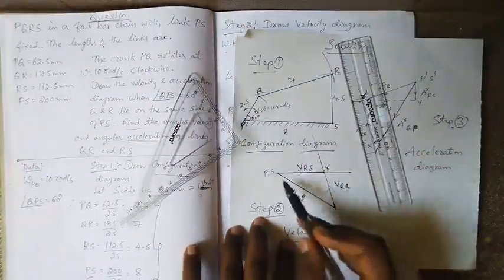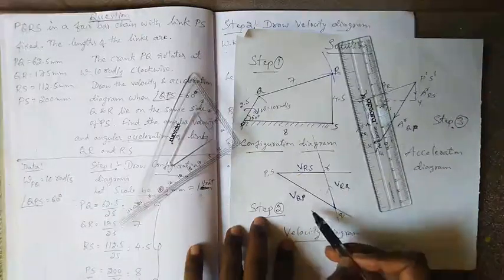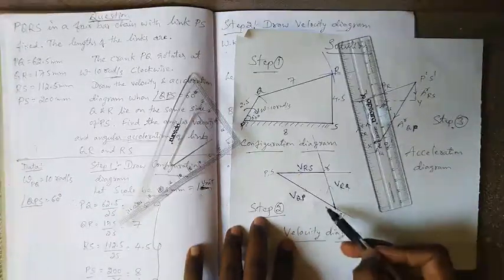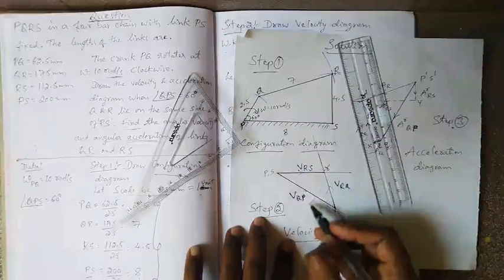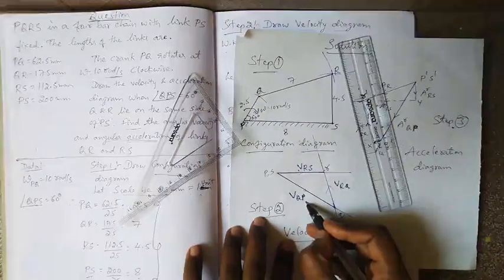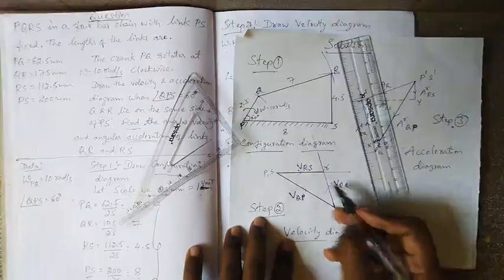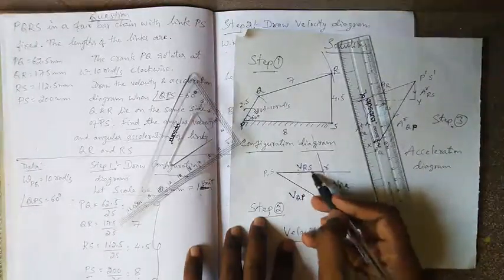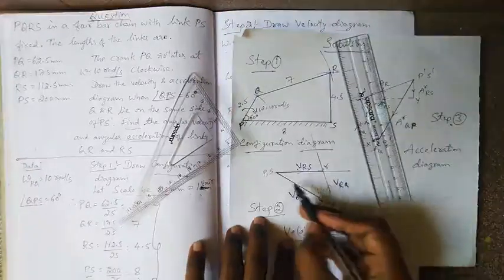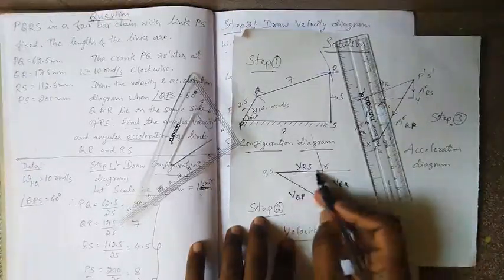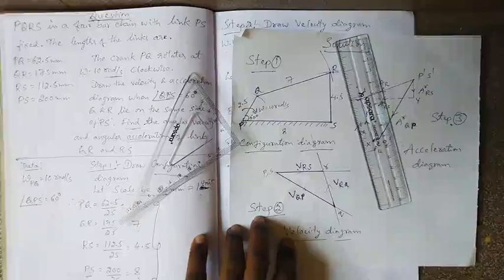By that you get the velocity vector diagram, in which VQP was known both in magnitude and direction, RQ was known only in direction, and the velocity of RS was known in direction. Now by measuring VRS and VRQ, you can calculate the velocity.